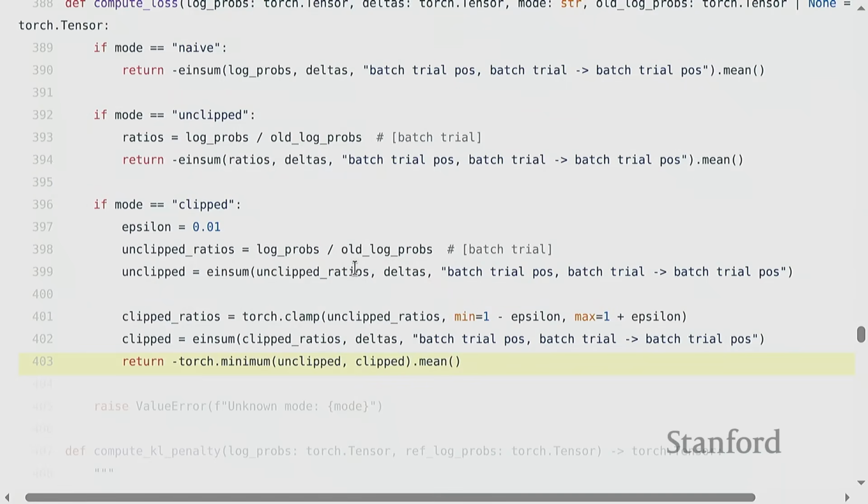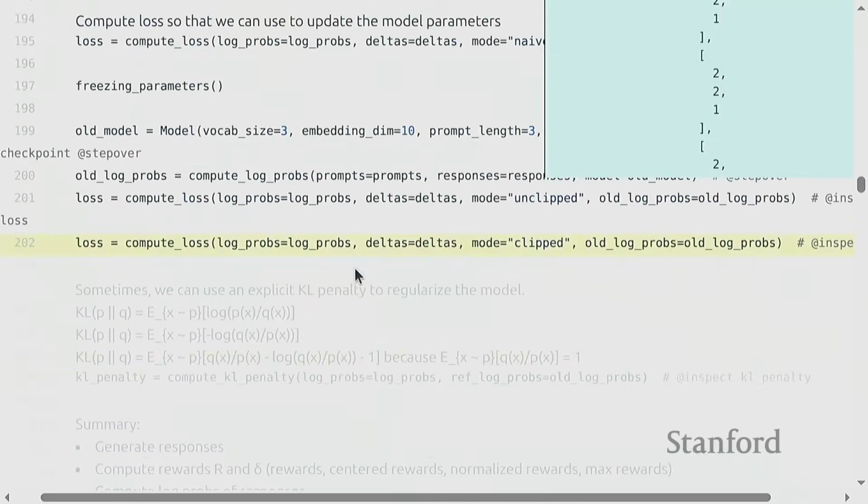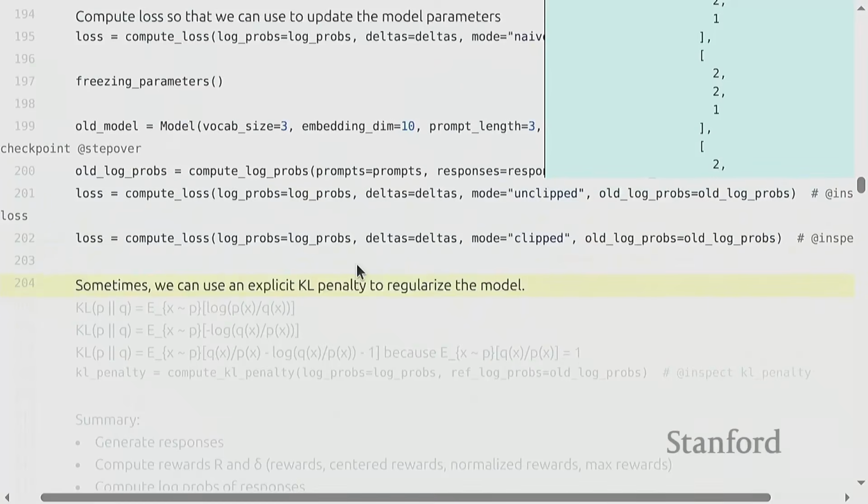But if your ratio is outside, then the magnitude of your updates is going to be bounded by 1 minus epsilon and 1 plus epsilon. Okay. So there's also this KL penalty, which provides additional regularization.